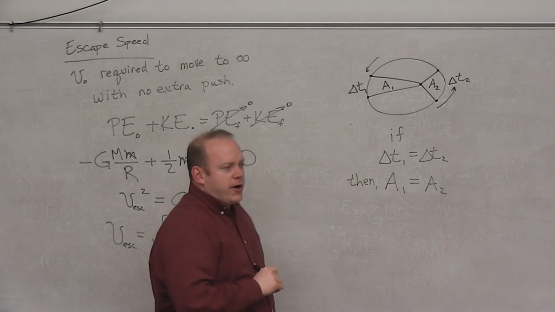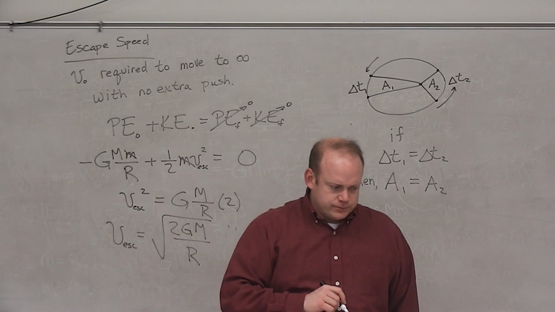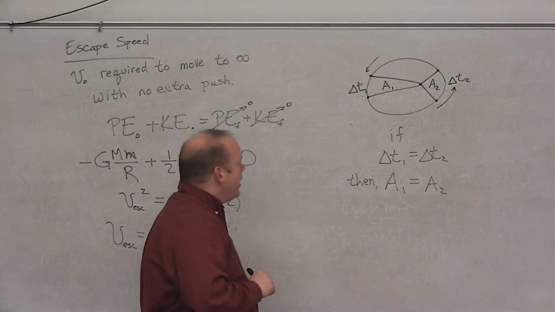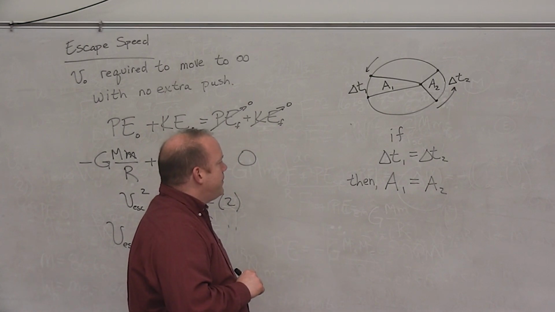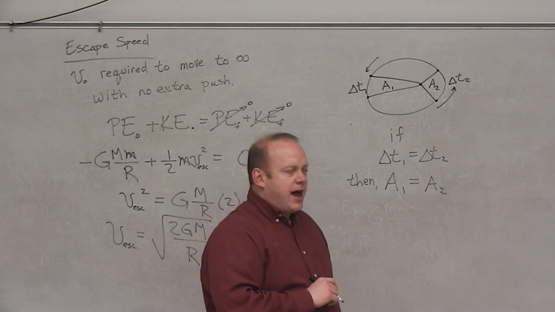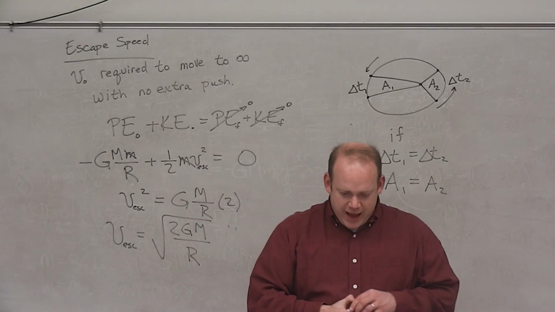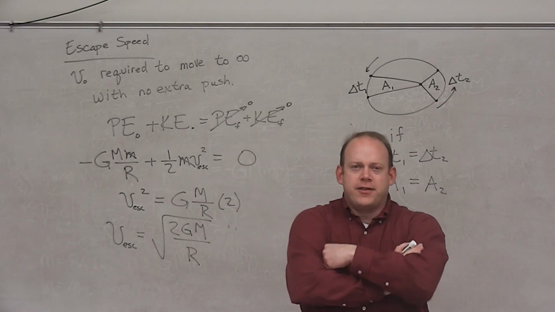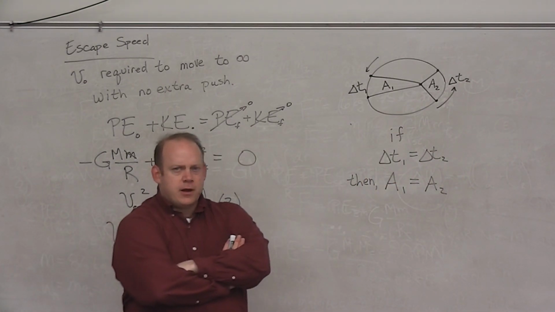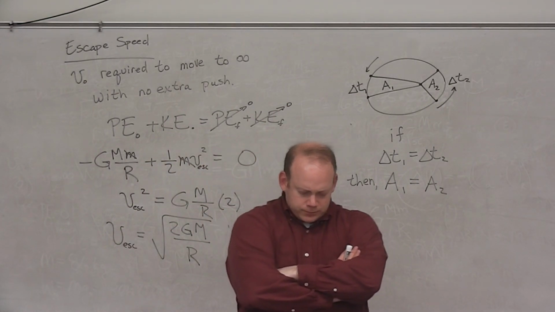Okay? Now, first of all, calculating the area of an ellipse is pretty complicated. But even more so, what he didn't realize at the time was that as far as heavenly bodies are concerned, they actually practice conservation of angular momentum. You can look in your book for a proof on it.